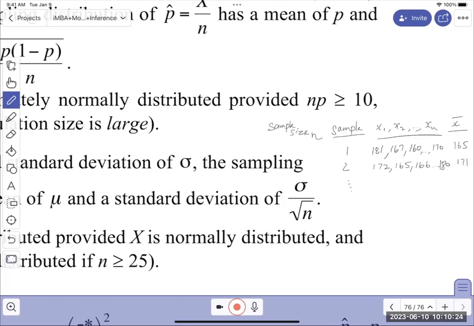And then you repeat this throughout the day. We'll refer to it as all possible samples.